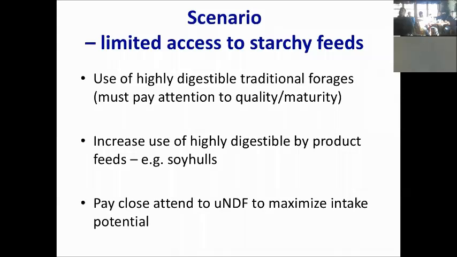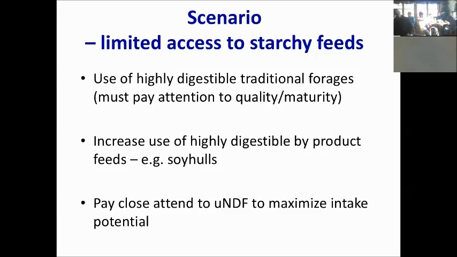I think the other really important thing you need to work with your nutritionists on is to pay really close attention to the undigestible NDF indexes that are now available for us to use. That's a whole other 10 hours of talk that you could have Rick Grant or somebody come talk to you guys about.